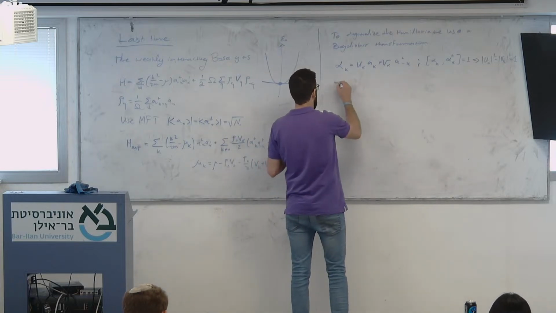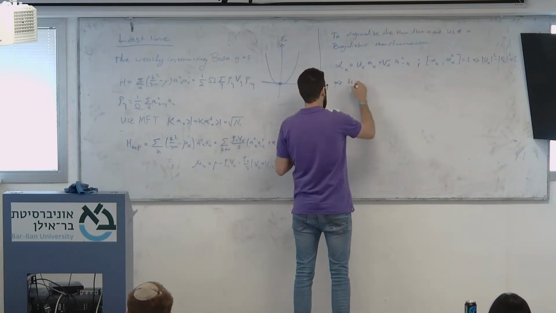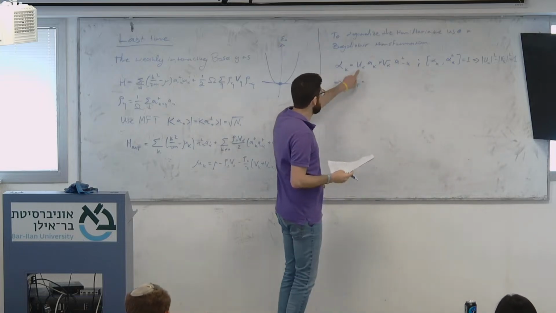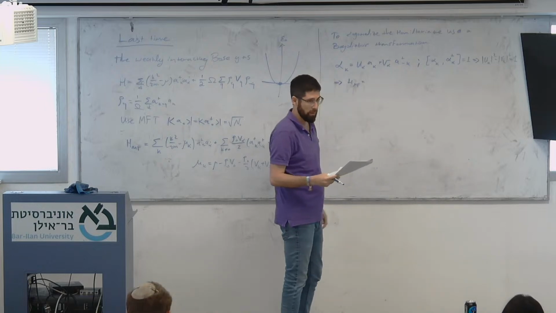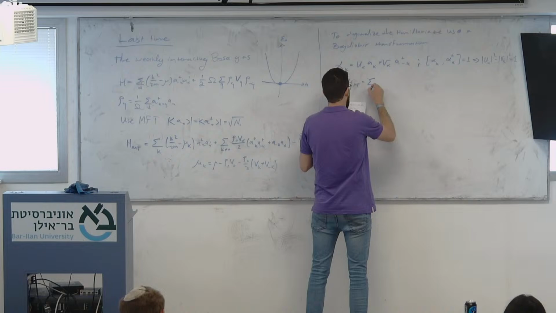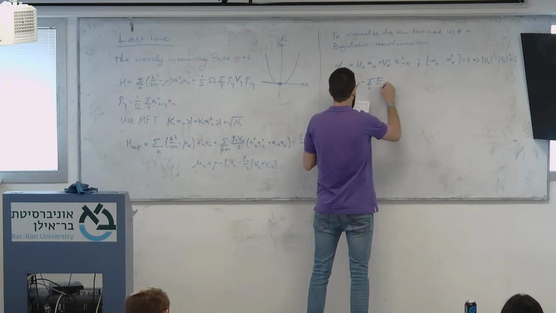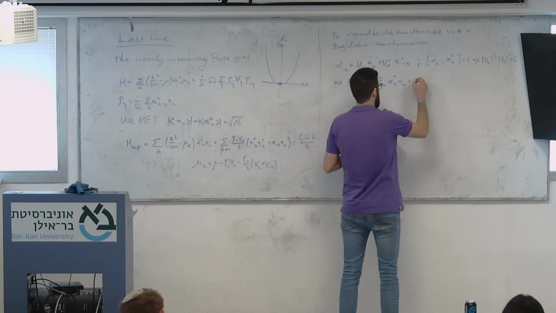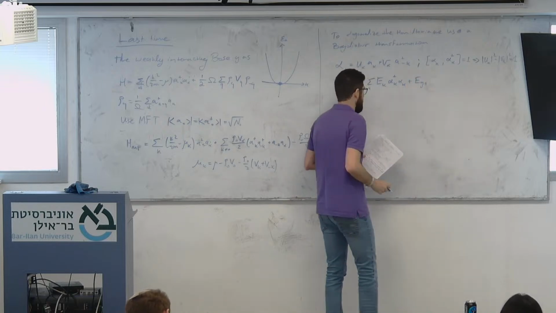Under this assumption, we can choose u k and v k, which I'll write in a moment, such that the mean field Hamiltonian becomes E k alpha dagger k alpha k plus a ground state energy.